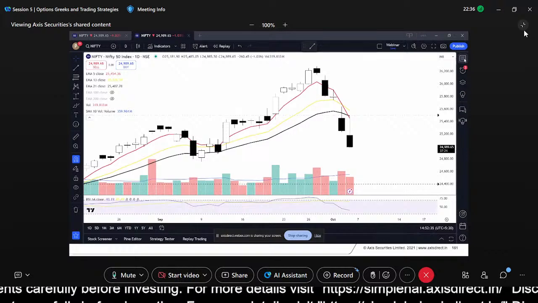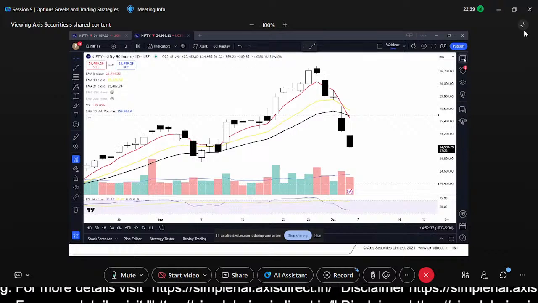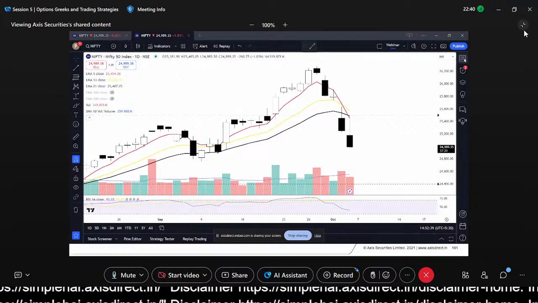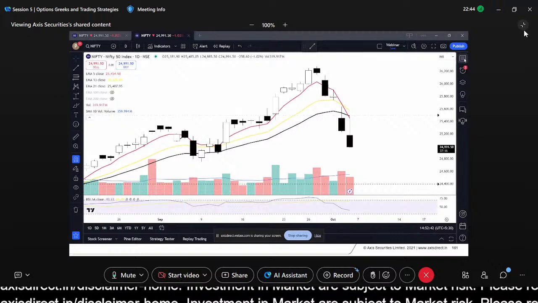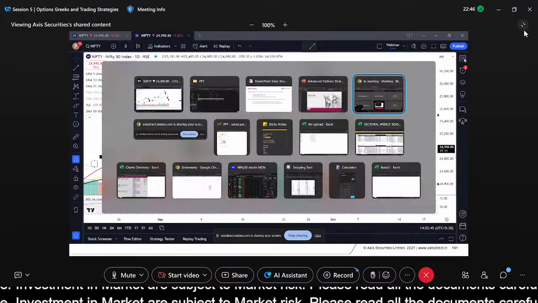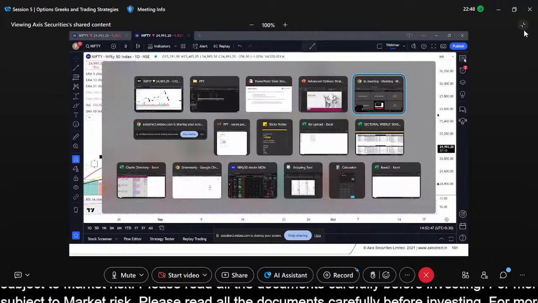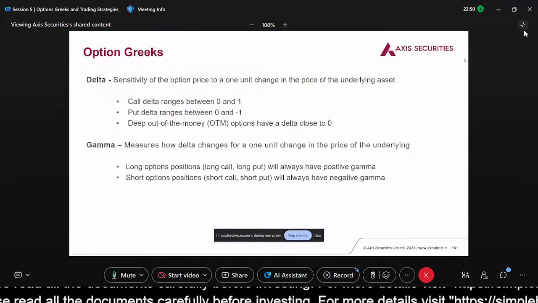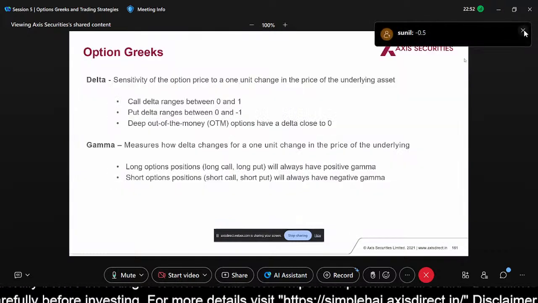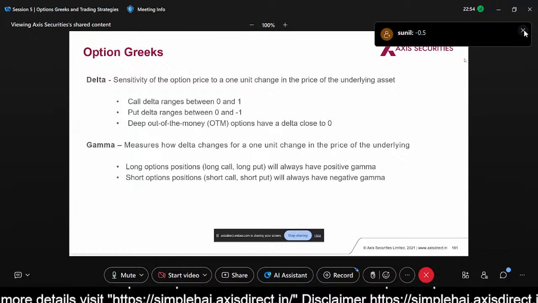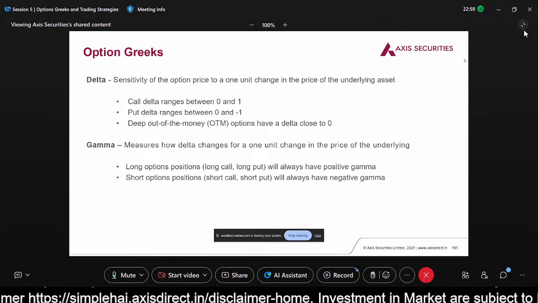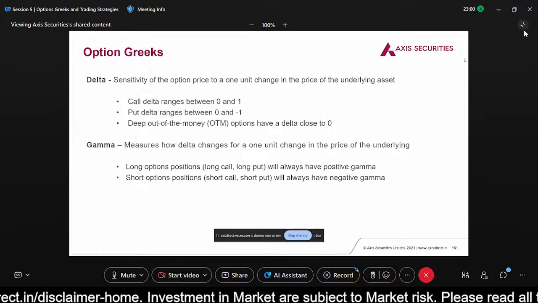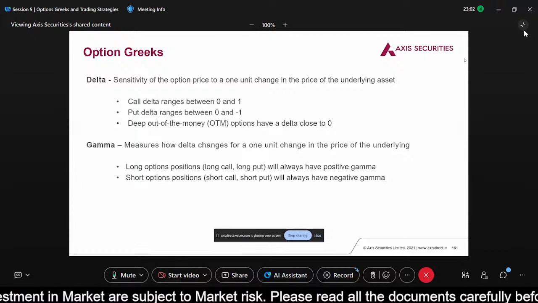It's a 0.5 delta. Okay, so now how delta works is, delta is in the range of 0 to 1 for calls and 0 to -1 for puts. Okay, -1 denoting the downside direction. So as the market moves down, the put option would change by 0.5 but in the downward direction. So it is only the downward direction change that would affect the put price, by whatever the delta is.